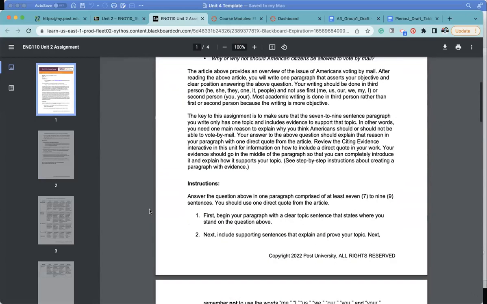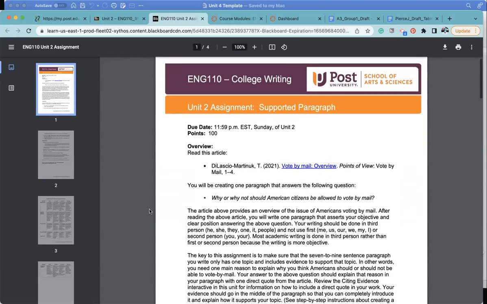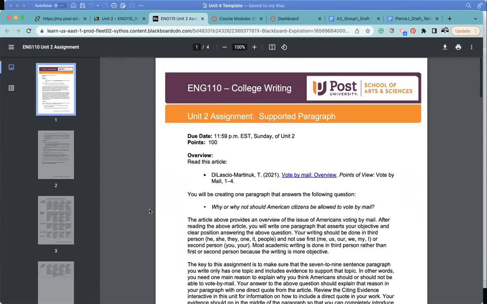This has all of the requirements that you need to do in order to succeed at this writing assignment. Just like Unit 1, you're going to create this in a Word document, and it is going to look like an APA paper.